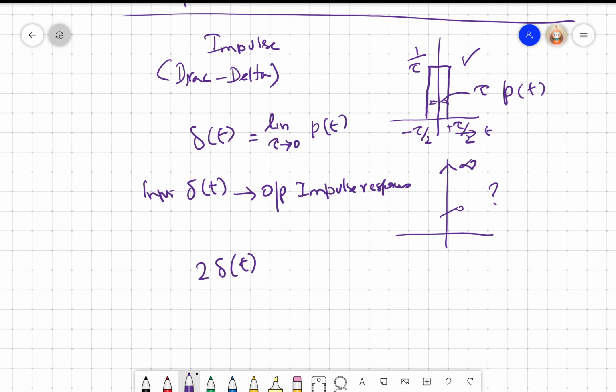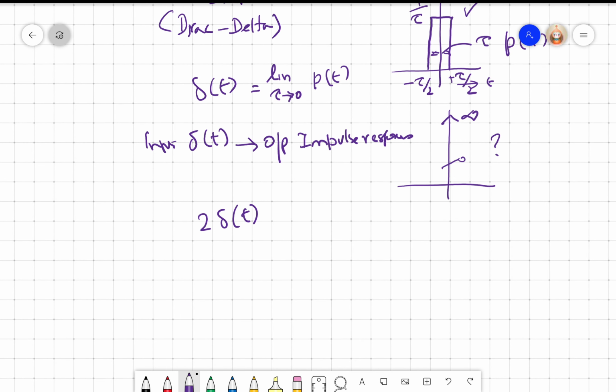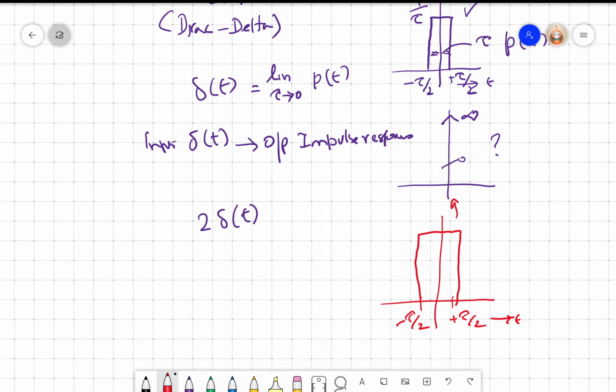Now let's look at how I can get 2 del of t. I have the same pulse, this is minus tau by 2, this is plus tau by 2, this is time, this is amplitude, and this is 2 by tau.